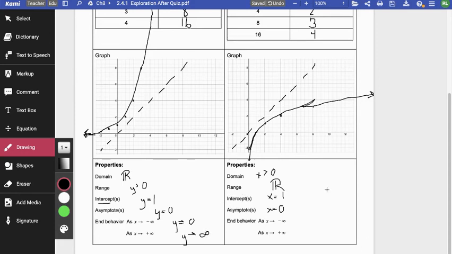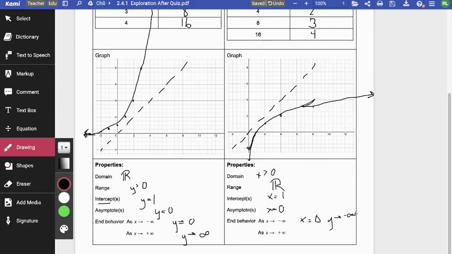If we look at this other graph here, we see as x goes to 0, right, it really can only approach 0. But we're going to say that y goes towards negative infinity, right?